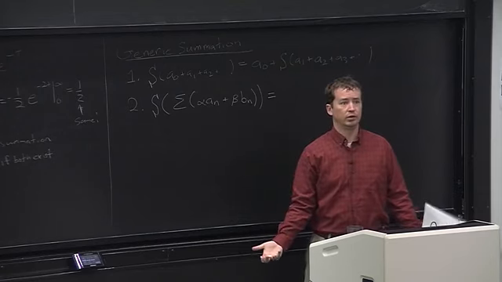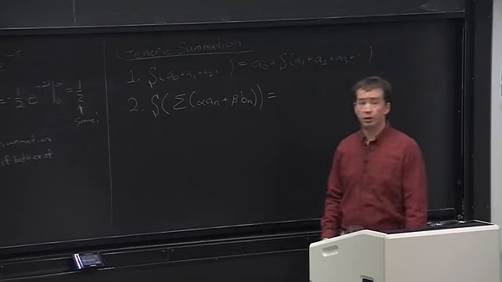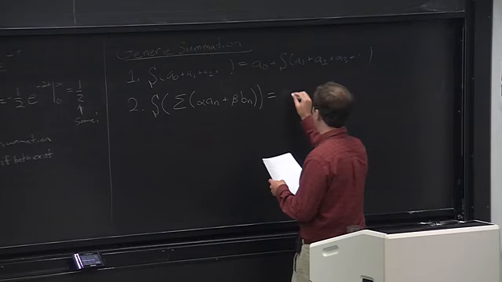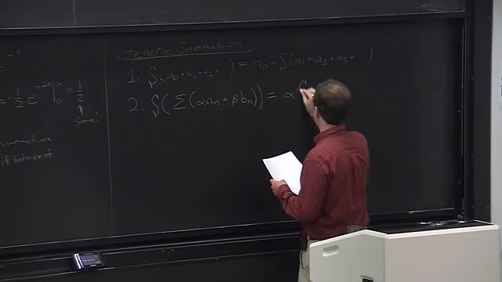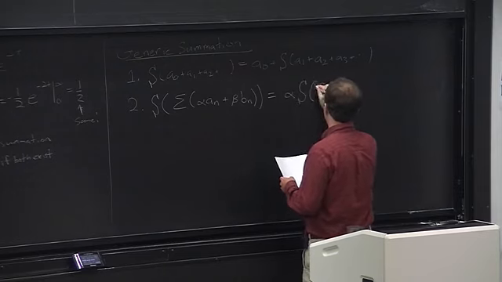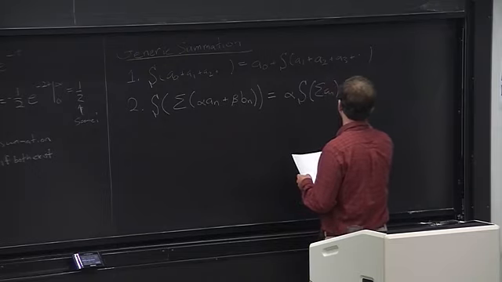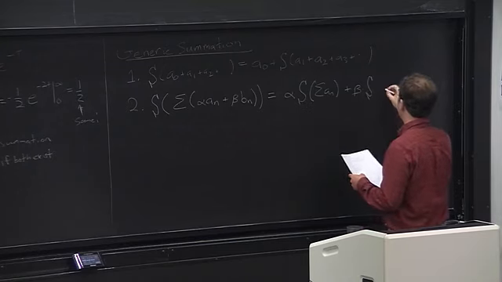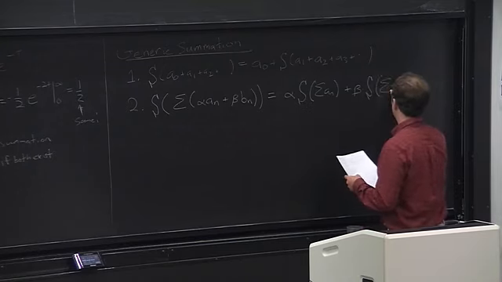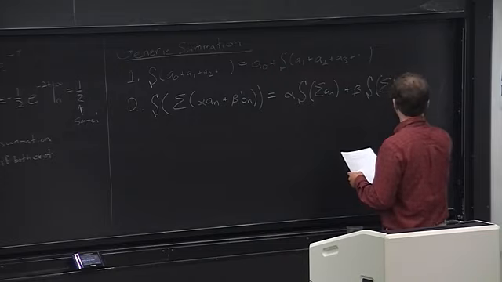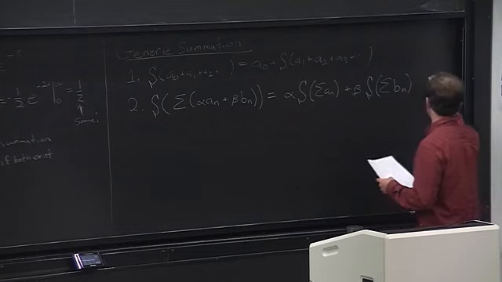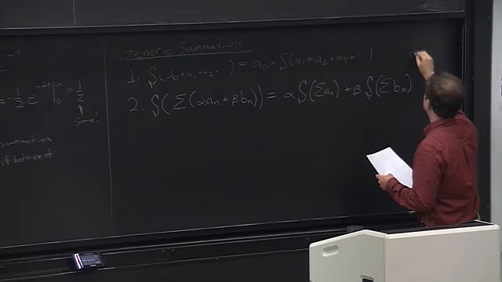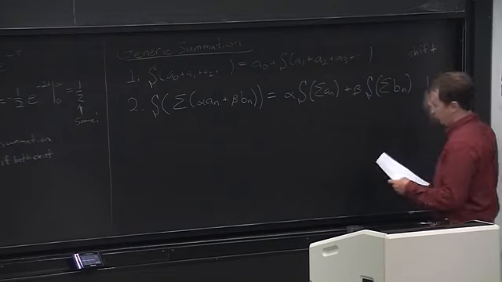Again, that's one of the key properties of ordinary addition that we'd like to maintain. So this should give us alpha times the summation machine applied to the first series plus beta times the summation machine applied to the second series. So this property is linearity. The first property is a shift property.